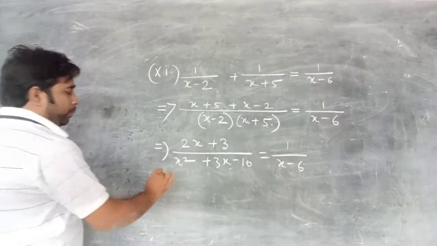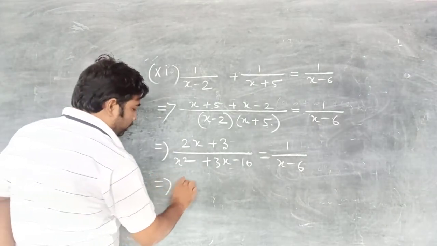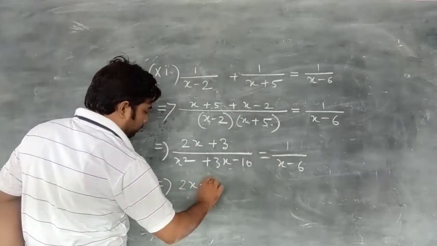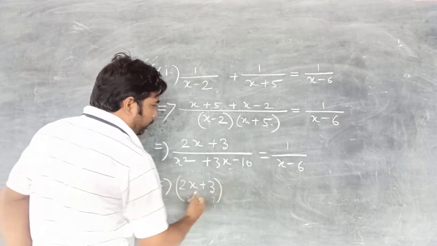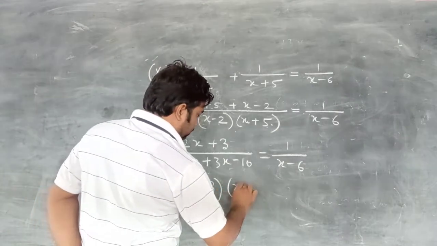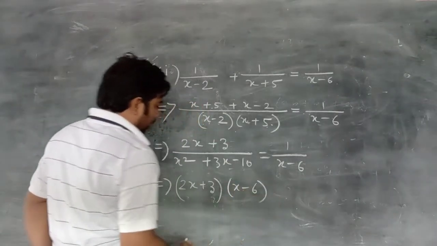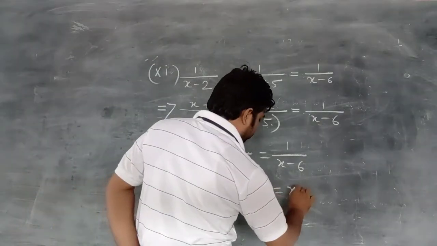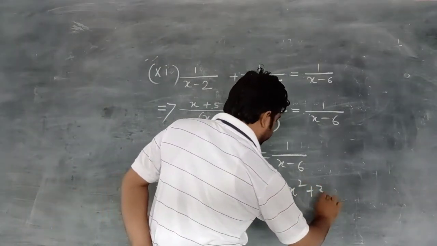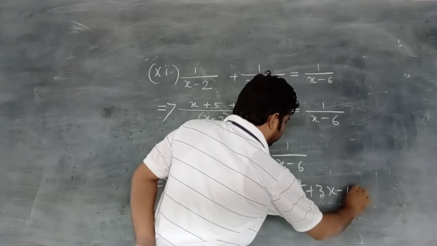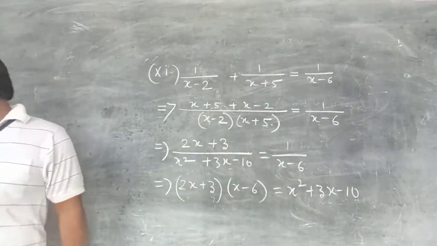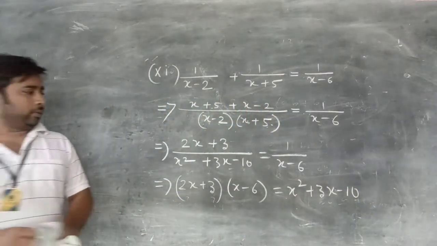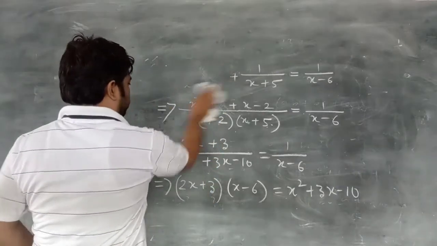Again you do the cross multiplication. So this is twice x plus 3 into x minus 6 equal to x square plus 3x minus 10. Now let us multiply the terms.